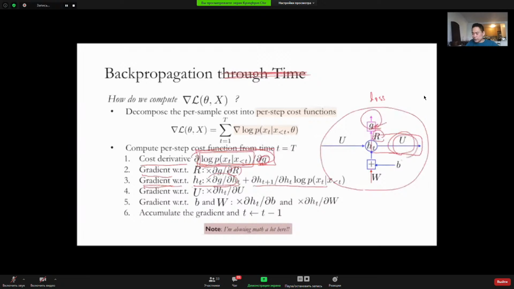And then we just write it further and further, and we notice that the gradient of the total loss function with respect to W as well as B all depend on both the gradient coming from the current time step as well as the gradient coming from the future time steps. And then it's going to be accumulated over and over.